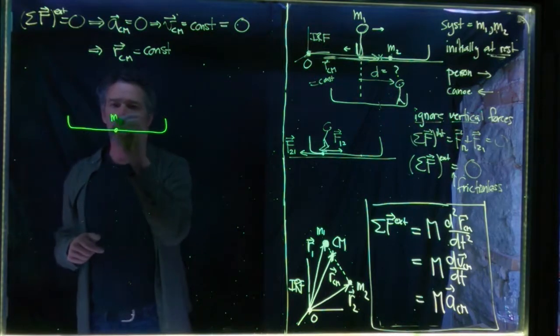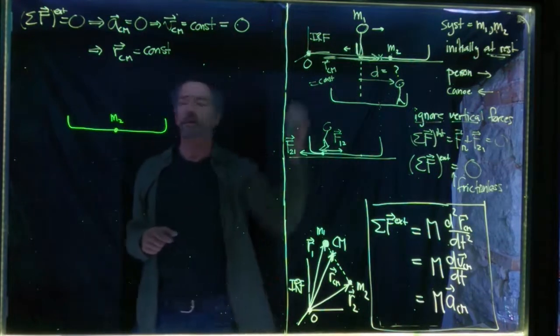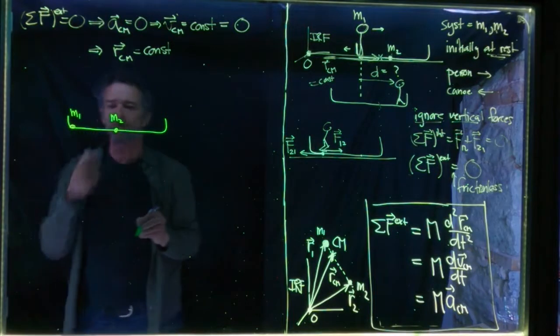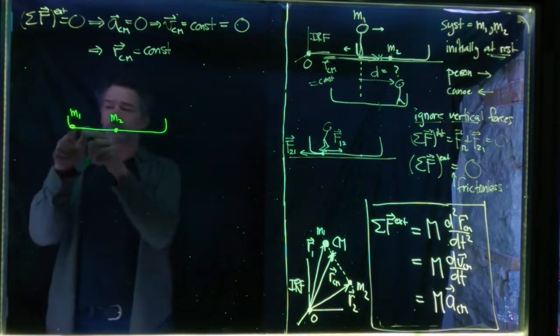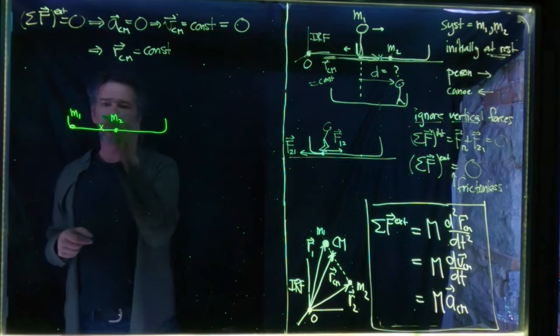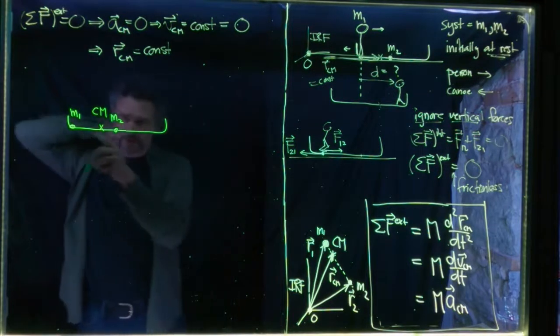So we've got effectively a mass m2 sitting over there, and we've got a person standing on the left end of the canoe, so effectively a mass m1 sitting over there. Now we need to locate the center of mass point. The center of mass clearly lies somewhere between here and here. Maybe if the canoe is a bit more massive, it's a bit further over towards the center of the canoe. So the center of mass point is there. But where exactly is that center of mass point?